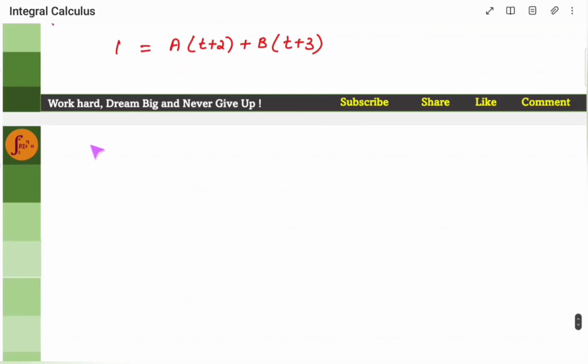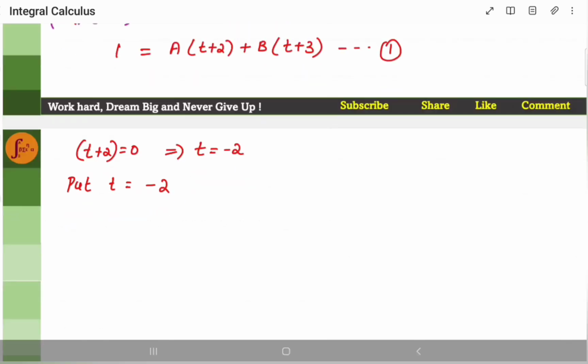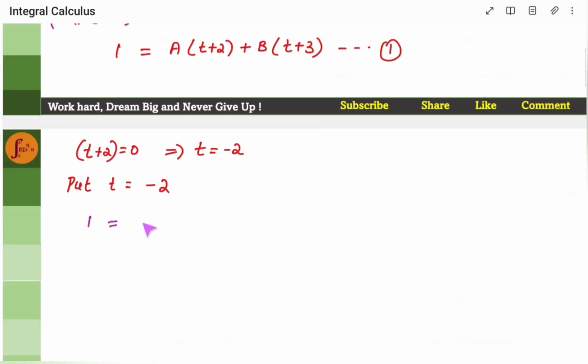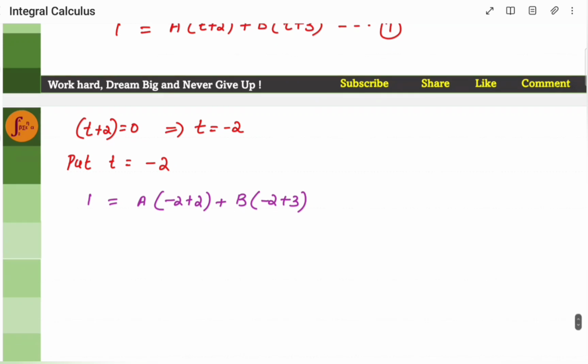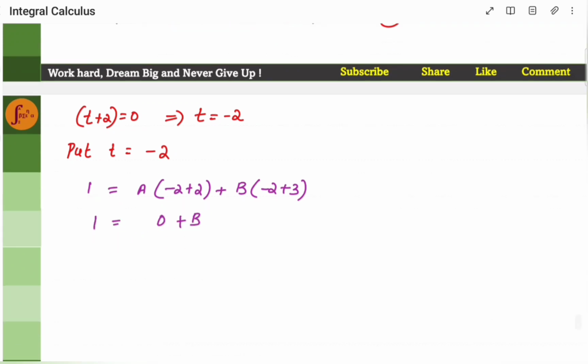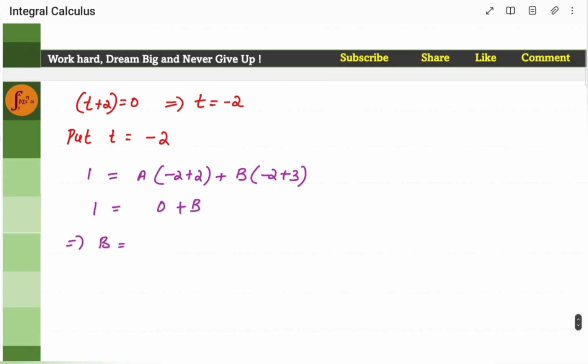I need to equate t plus 2 to 0, which means I'll get t is equal to minus 2. So put t is equal to minus 2 in this equation. I'll get 1 is equal to a into minus 2 plus 2 plus b into minus 2 plus 3, which is nothing but 0 plus b is equal to 1, so b is equal to 1.